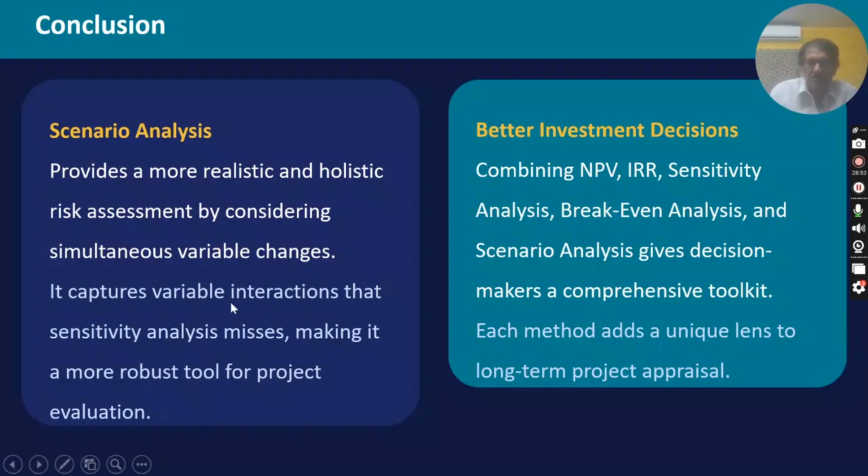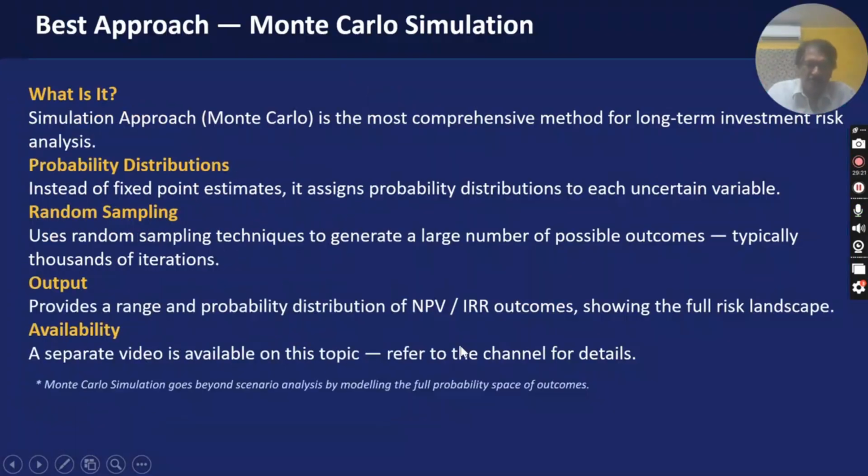It captures variable interactions that sensitivity analysis misses, making it a more robust tool for project evaluation. For a better investment decision, combining NPV, IRR, sensitivity analysis, break-even analysis, and scenario analysis gives decision makers a comprehensive toolkit. Each method adds a unique lens to long-term project appraisal.